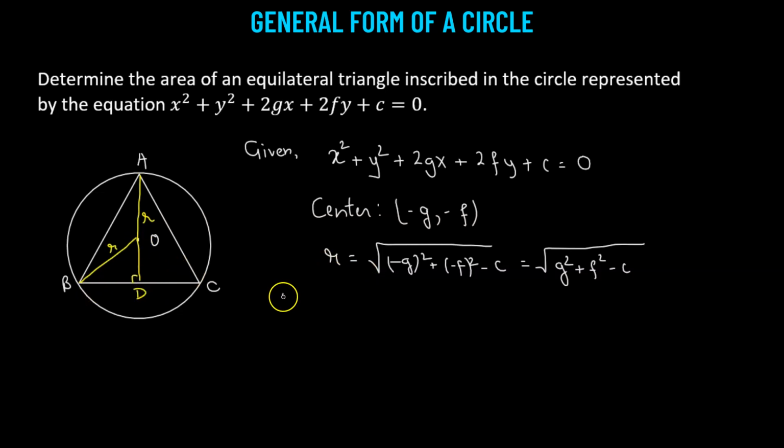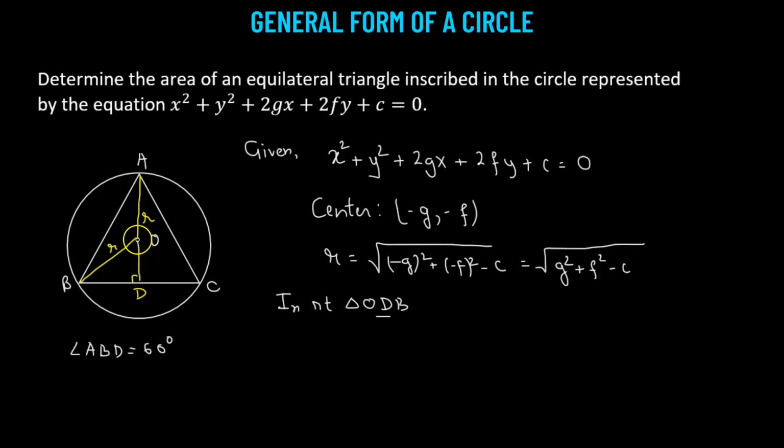For this, we're going to consider the right triangle. In right triangle ODB, which is right angled at D, we will try to find the lengths BD and OD. Here we can observe that angle BDO is 90 degrees, and since it's an equilateral triangle, angle ABD is going to be 60 degrees.